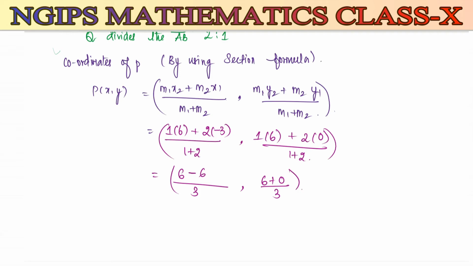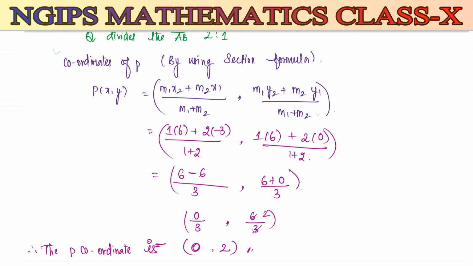You will get 6 minus 6 is 0, and 0 by 3 is 0, and here 6 by 3, 2 3s are 6, so 2. Therefore the P coordinate is 0, 2. So this is the final answer.